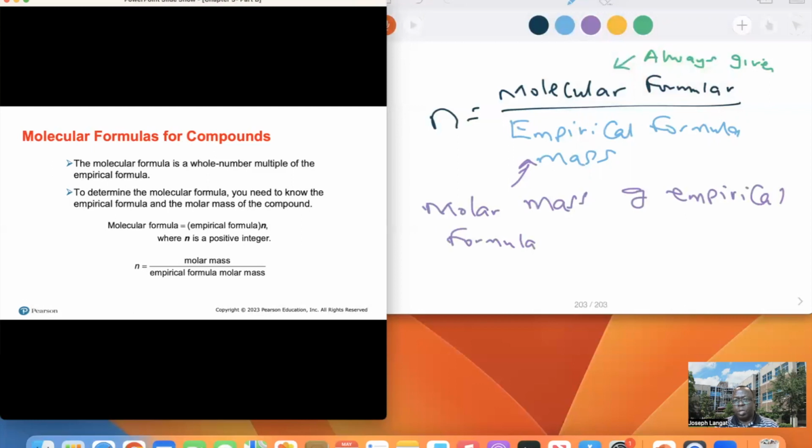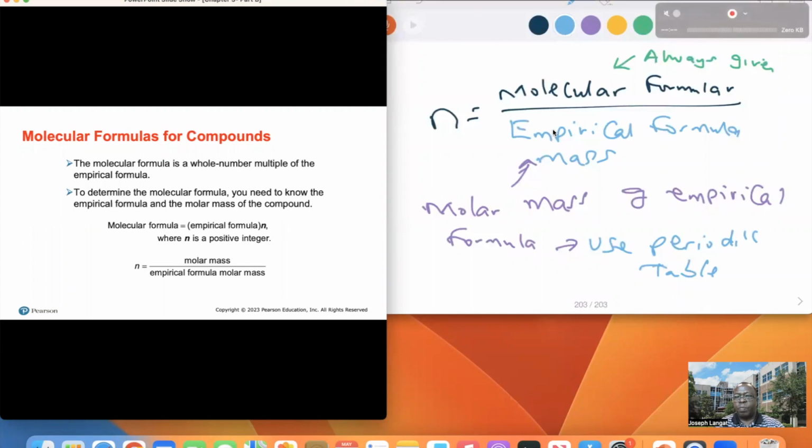All right. Use the periodic table here. If you are not given, make sure you use the periodic table, so that the molar mass of the molecular formula is always given. You'll be given that at the top, and then the empirical formula mass is just the molar mass of the empirical formula. Use the periodic table for that.